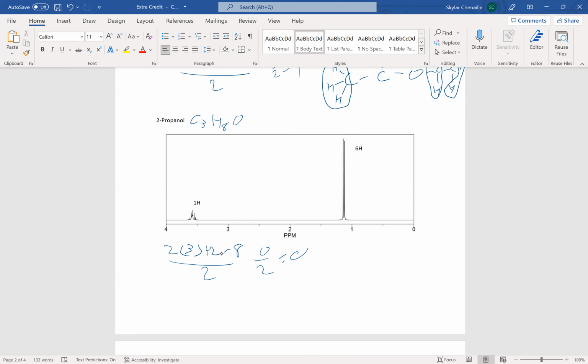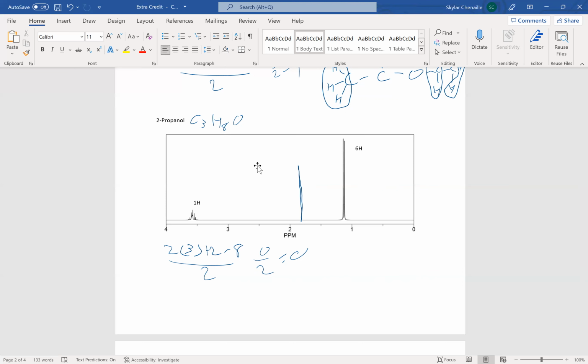Let's look at our graph that we have here. So we actually should get 3 signals with this. There should be another one somewhere in here that's a singlet, actually. That's because, you'll see when we get a little further, I'll explain why.